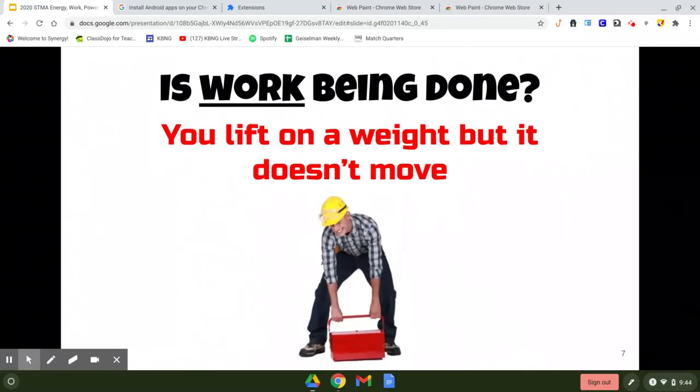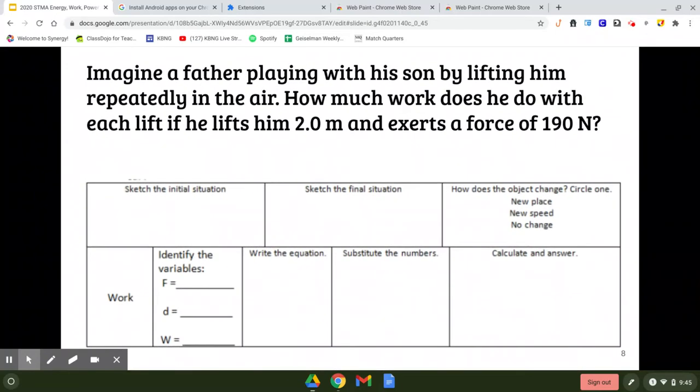Now, is work being done as you're trying to lift a weight, but it's too heavy and you aren't able to move it? You're lifting on the weight as hard as you can, but you can't move it. Is work being done? So hopefully you realize that in order for work to happen, there had to be a force over a distance.